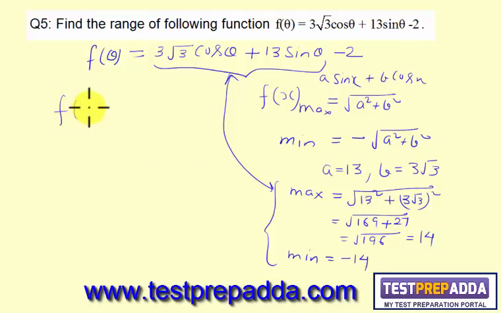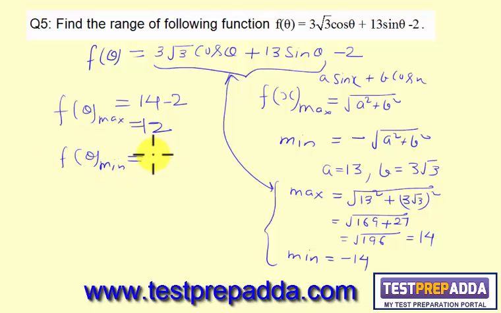So what will be f(θ) maximum? It will be the maximum of this minus 2, and that is 12. What will be the minimum of this given function? Minimum will be minus 14 minus 2, and that is minus 16.